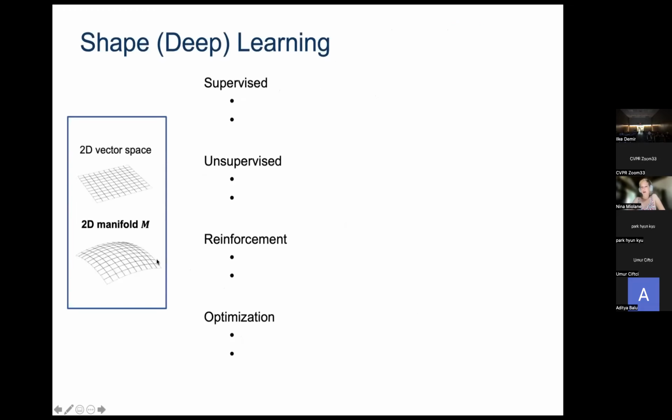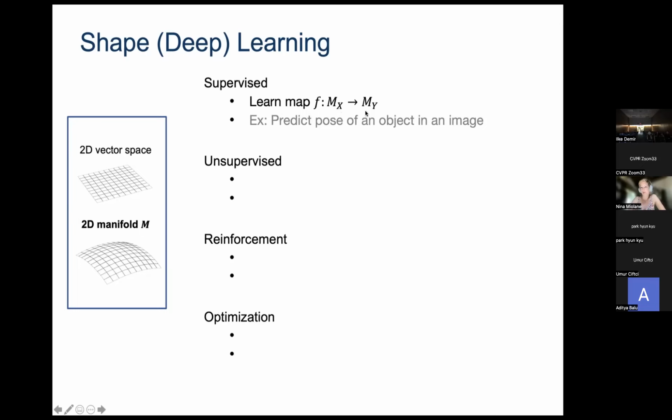So let's think about what deep learning is first. I've put four big categories of subfields of deep learning, or machine learning in general: supervised learning, unsupervised learning, reinforcement learning, and optimization. What is supervised deep learning in the context of shape learning? In supervised learning, the goal is to learn a map from an input space X to an output space Y. Now let's rename the input space X into MX to denote that the input space can be a manifold.